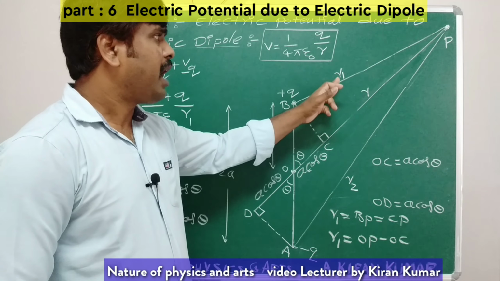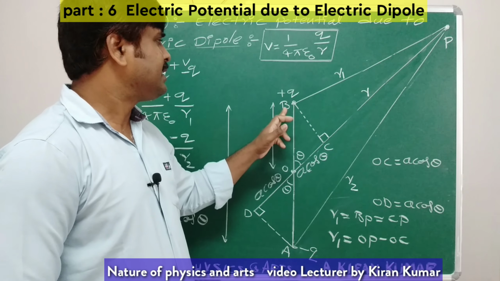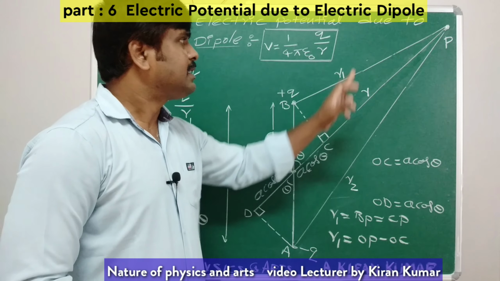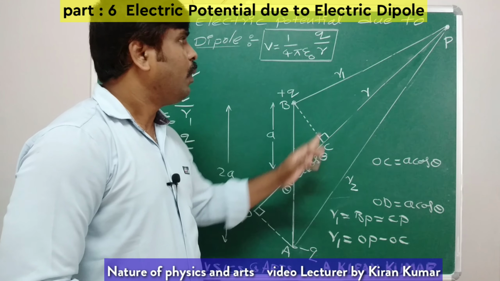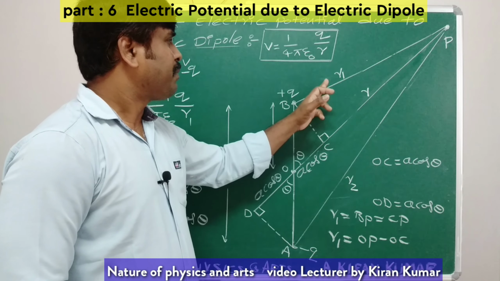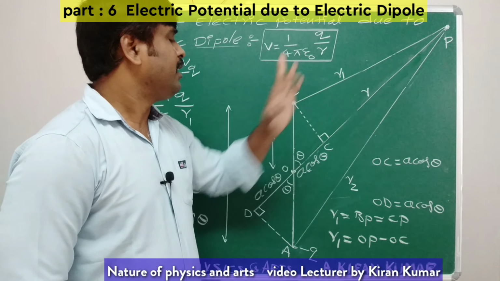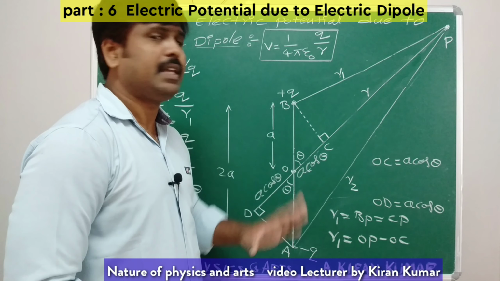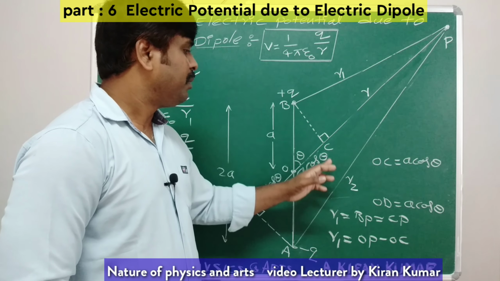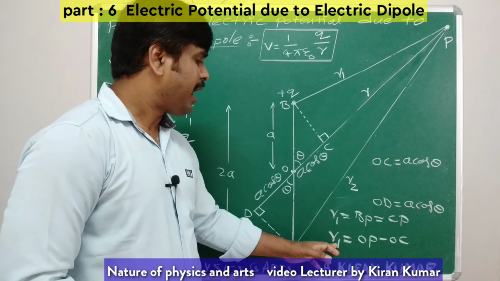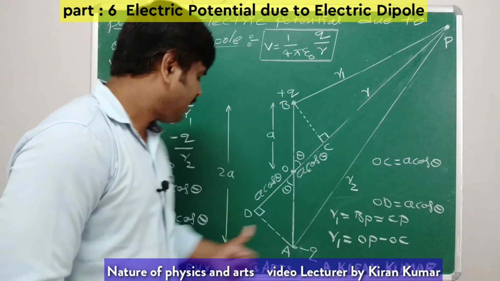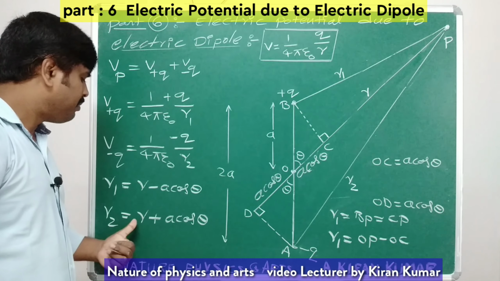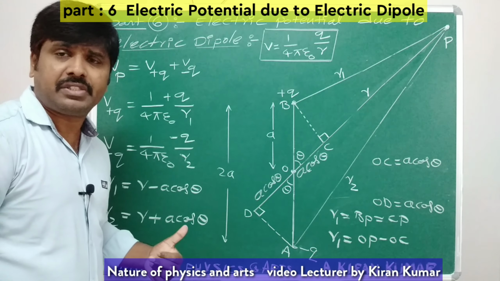We need R1, which is BP, approximately equal to CP, but we know OP, so R1 equals OP minus OC, that is R minus a cos theta, and R2 equals R plus a cos theta.